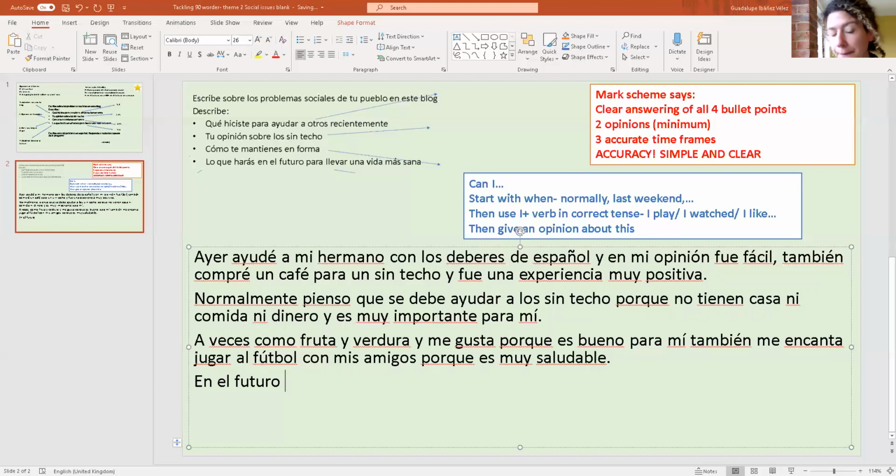I'm going to say I would like to be a vegetarian. Can we say that? En el futuro, I would like. Me gustaría to be ser vegetariano. Look, exactly the same as in English, but adding an O at the end. If you're a girl, vegetariana. ¿Sí? En el futuro me gustaría ser vegetariano.